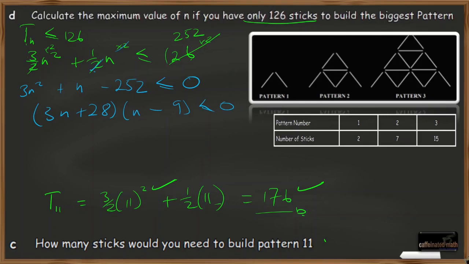Now, this is a quadratic inequality, which means we can deal with our critical values and have a look at what's happening. Well, this inequality is going to be true in terms of its critical values, where n is equal to negative 28 over 3, or where n is equal to 9.